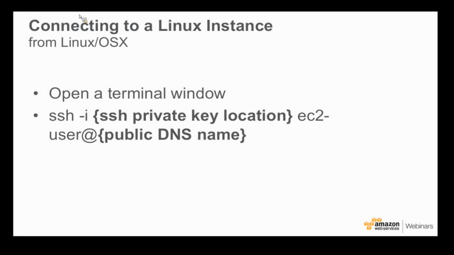If you launch some older versions of Red Hat, I believe the username used to be redhat. For Ubuntu, the username is ubuntu instead of ec2-user. So when you launch a Linux instance, just remember to check what user is associated with that operating system. And then, of course, the public DNS name or the public IP of the instance that you just launched.